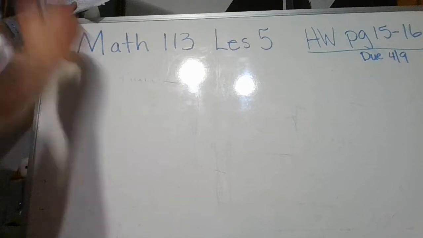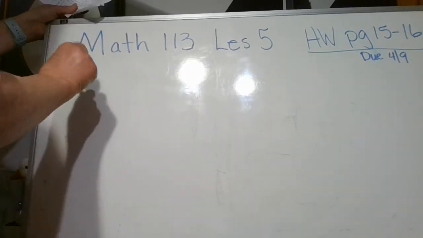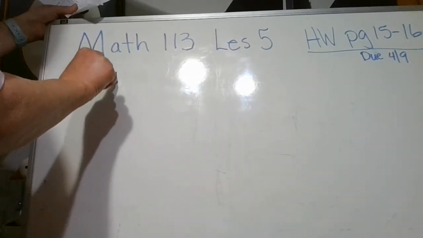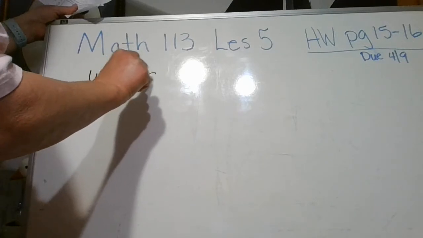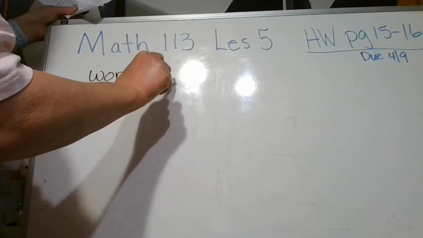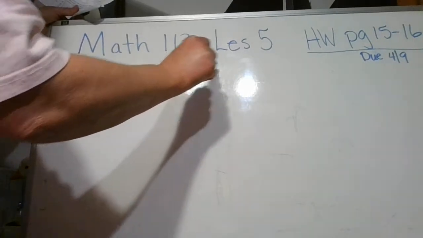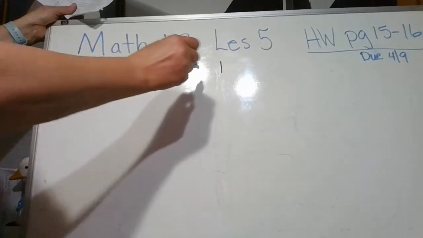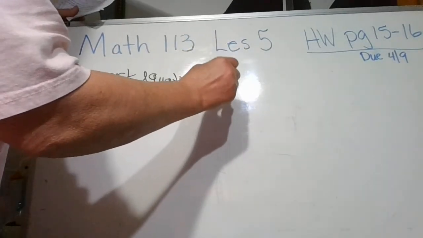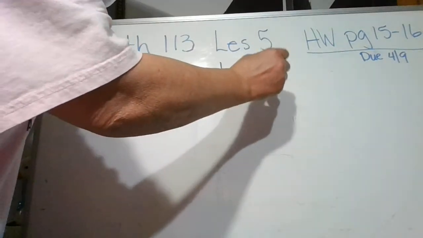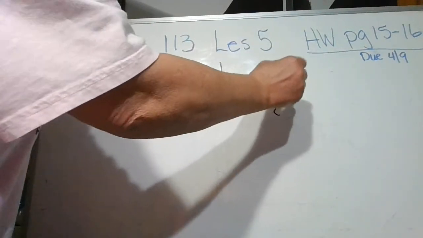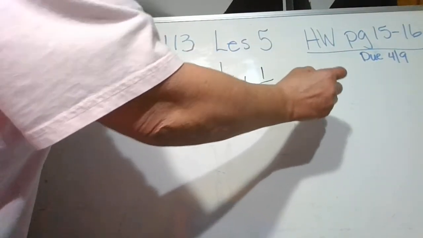Well, first of all, this is the work equations. And if you remember from 112, we had 1 over the first rate plus 1 over the second rate equals 1 over the total.